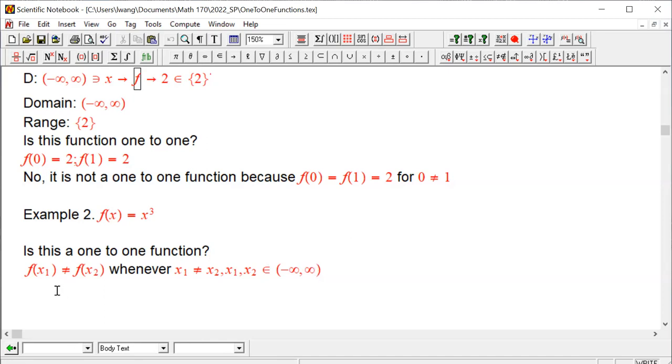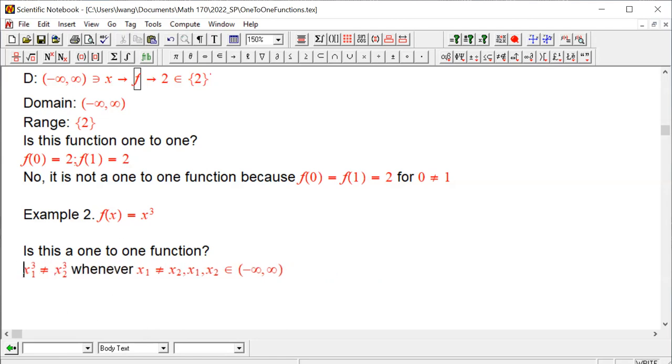So whenever x1 and x2 are not the same, f of x1, the output, is x sub 1 to the power 3, and the other output will be x sub 2 to the power 3. So when the inputs are not the same, you raise them to the power 3 and they're still not the same.